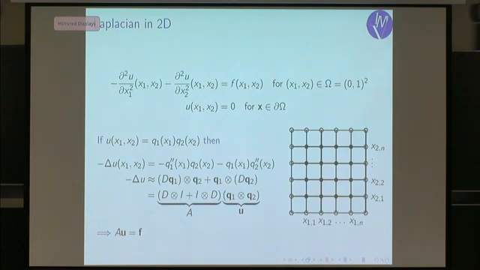So if my exact solution is in this form, I can substitute it in here and see that the Laplacian is just the second derivative of q1, plus q1 times the second derivative of q2. And the point is that this is just a second derivative of a function of just one variable. And I know from the previous slide how to approximate this. It is just that Laplacian matrix multiplied by the corresponding vector q1, right? Where the vector q1 is the discretization of this function q1(x1).